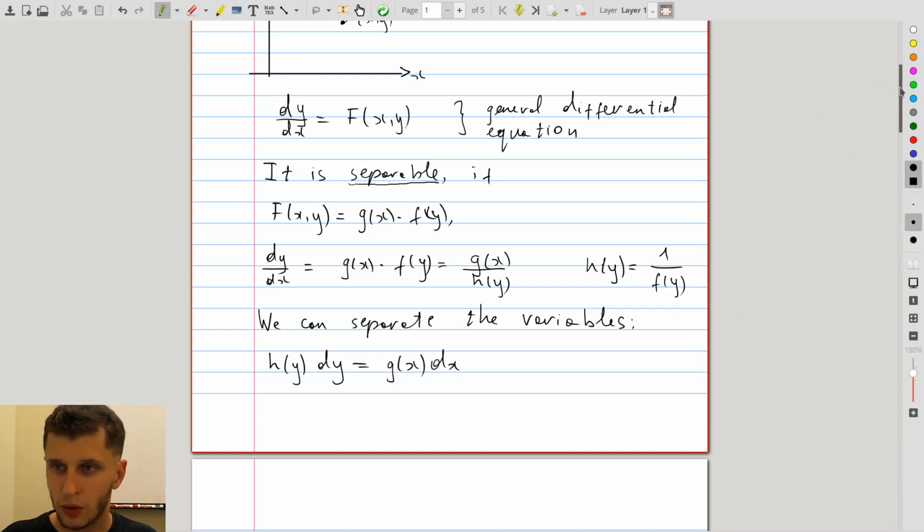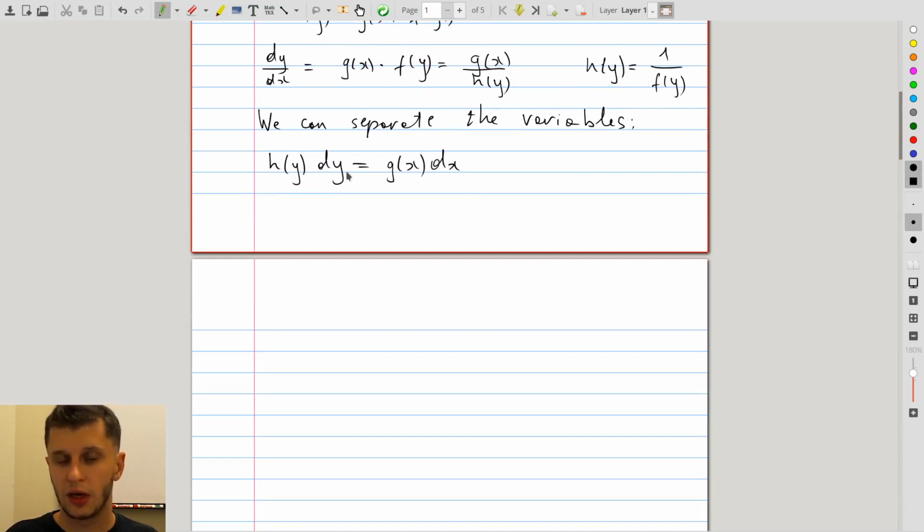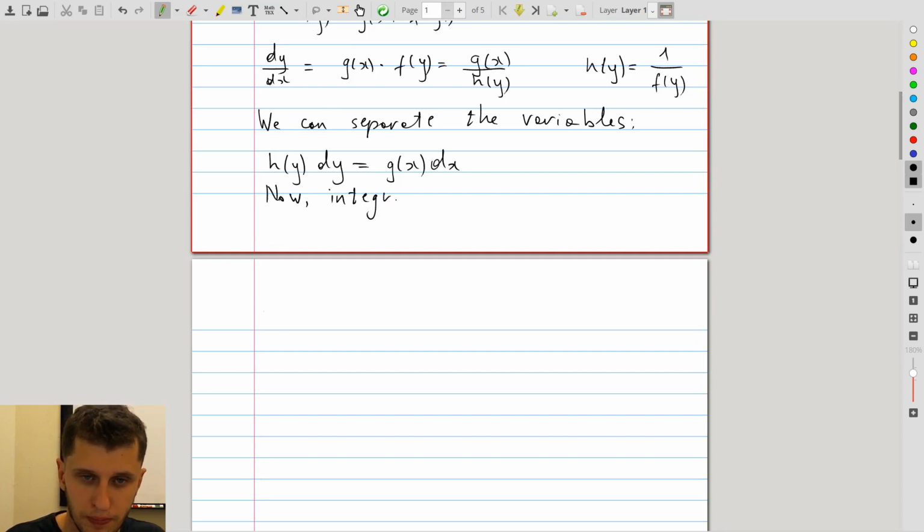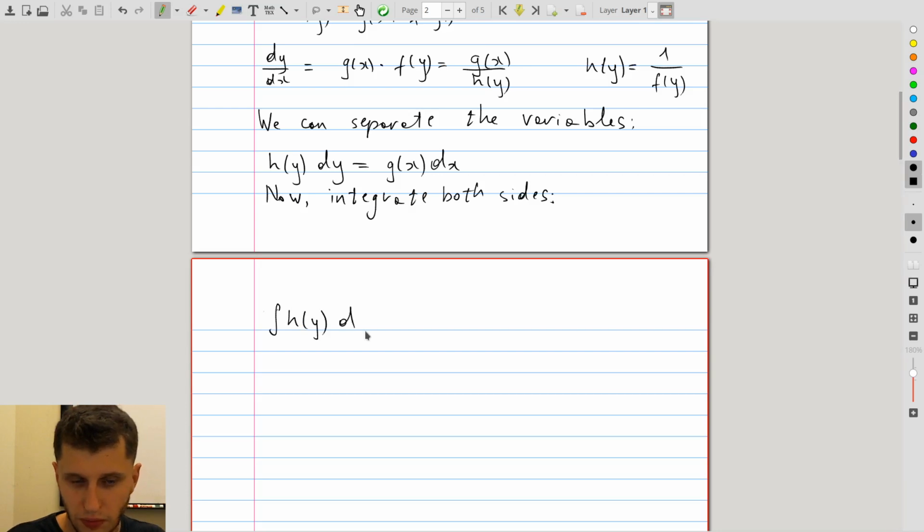And this equality between differentials can be integrated. So that gives the integral of h of y dy equals the integral of g of x dx. Now solve this.